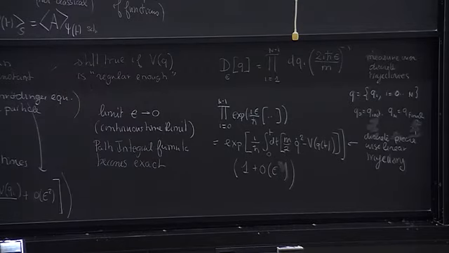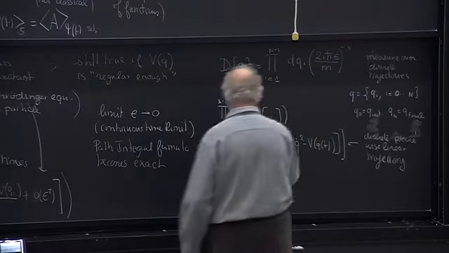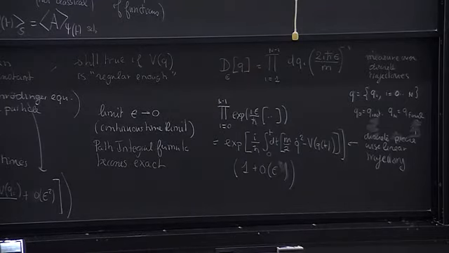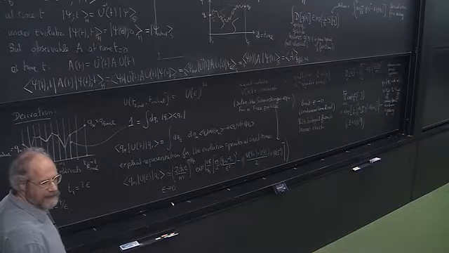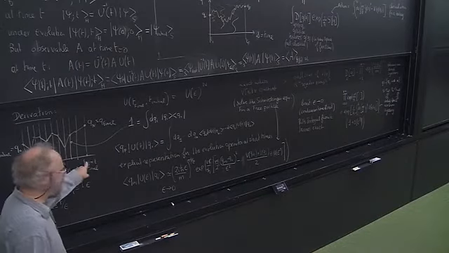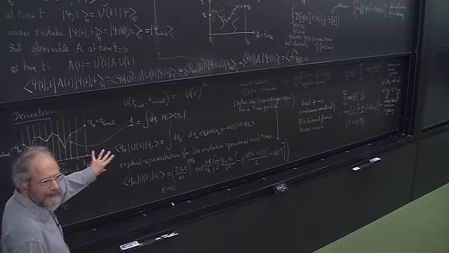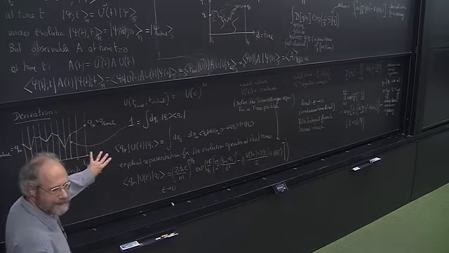Okay. So for a general potential, it's not an exact formula if you use the finite discretized trajectory, if you discretize time, but when you take the continuum time limit, it becomes an exact formula. That's the beauty of the formalism.